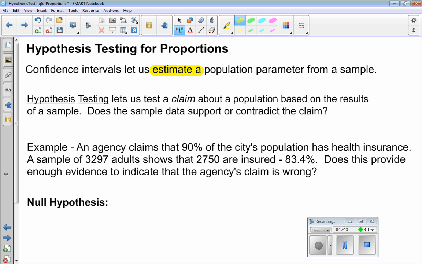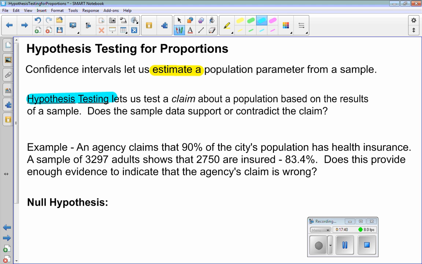Now, what hypothesis testing does that's a little bit different is that we actually are going to conduct a test on a claim. So, for example, back to the conversation hearts from last class, we claim that 10% of those conversation hearts were pink. That's a claim out there.